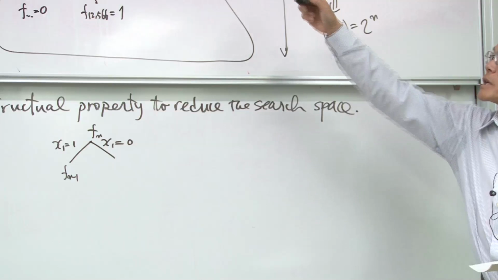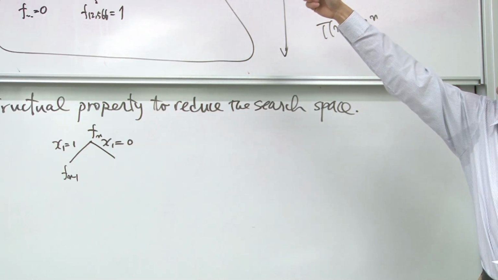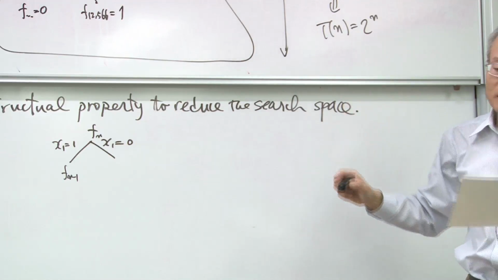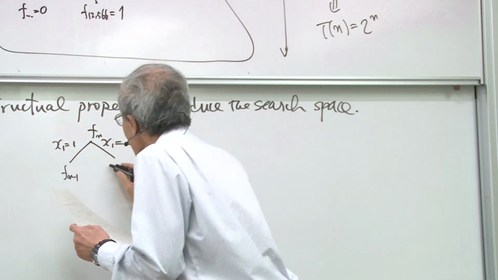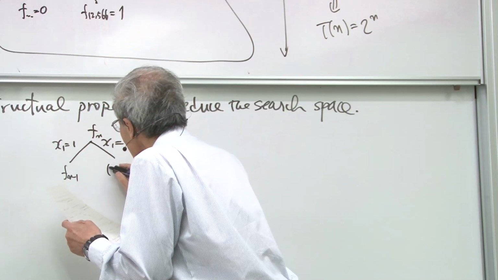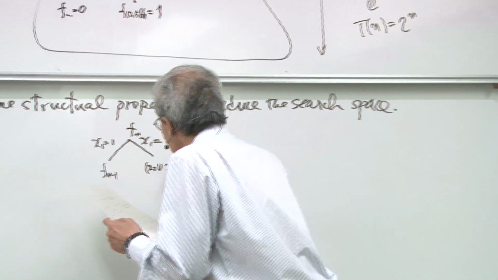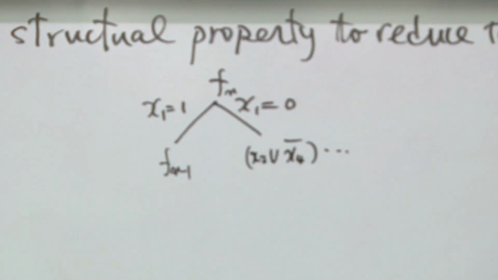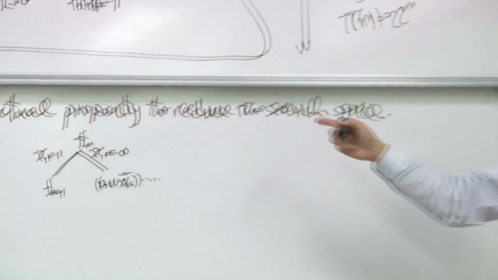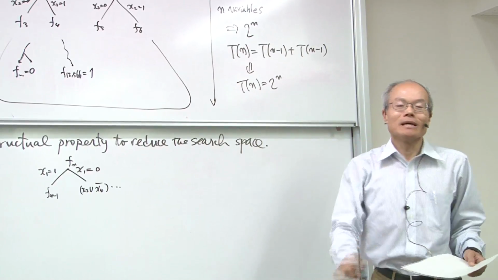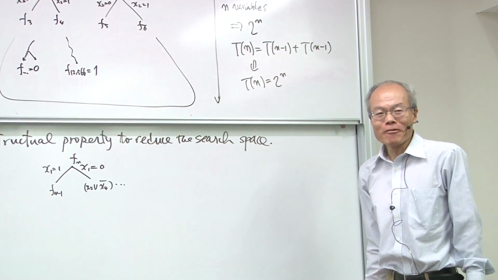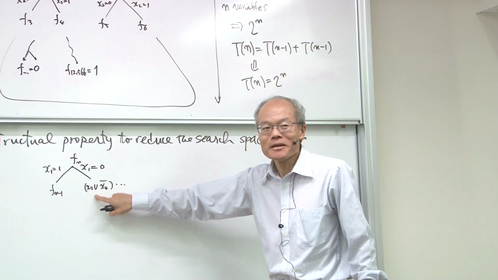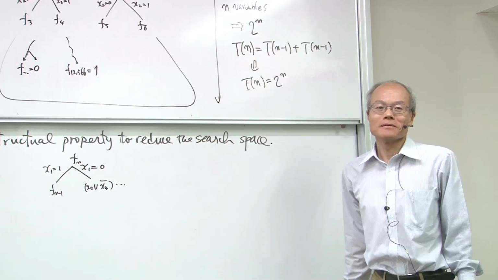But if you look at the simplified formula carefully, then there must be a clause of size 2. The simplified formula must have at least one clause which has only 2 literals.